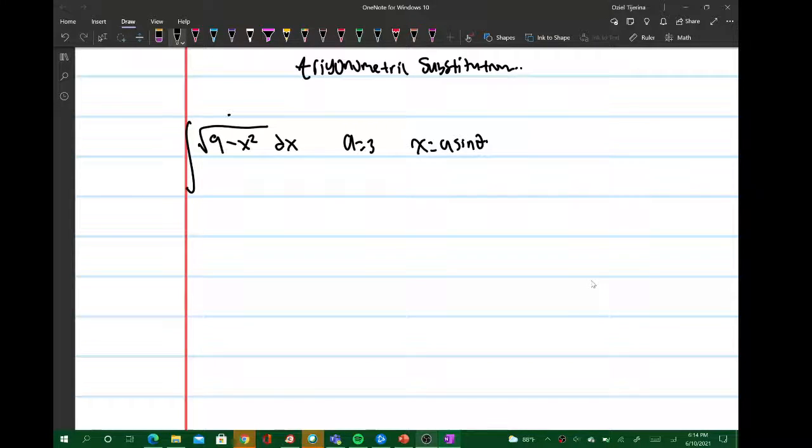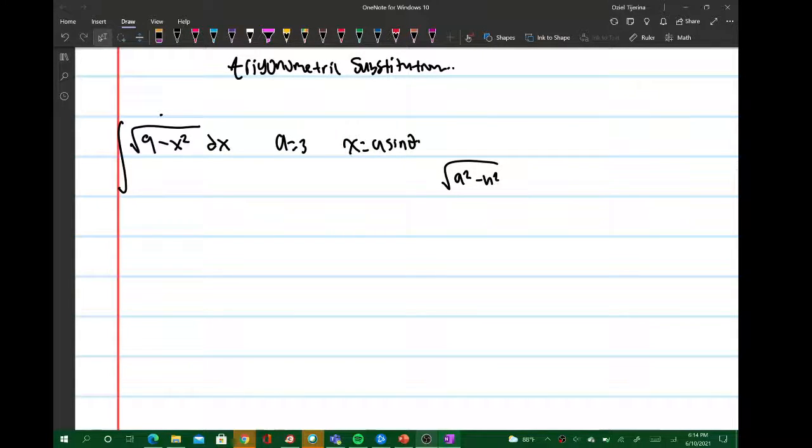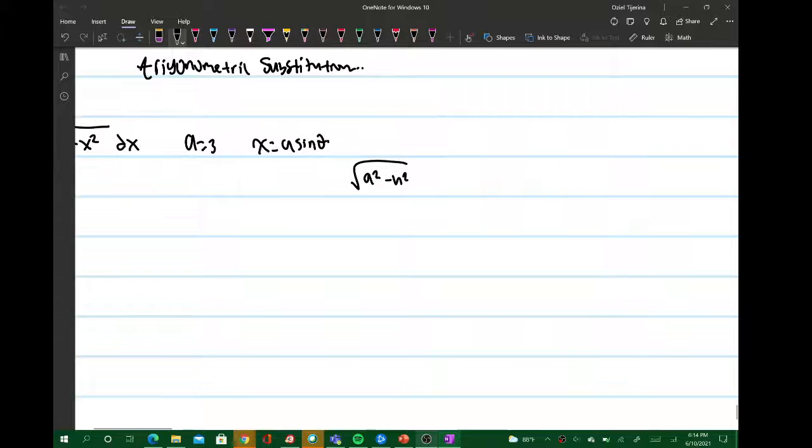Basically, if you look at your rules, and it kind of sucks that I don't have them right next to me, whenever it is of the form square root of a squared minus u squared, then u equals a sine theta.